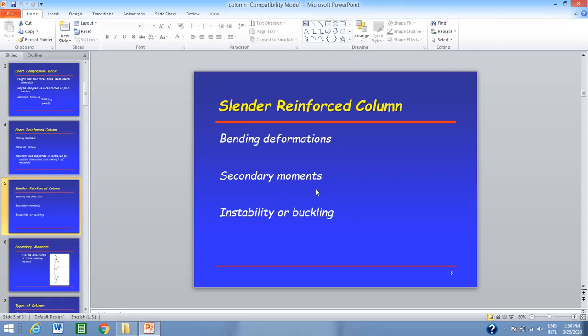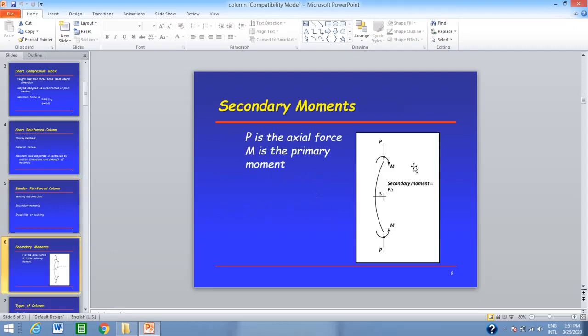What is the difference between buckling and bending? Buckling means if you apply a load coinciding with the axis, then the column bends like this. This deformation is delta, and the secondary moment developed is P into delta, and this behavior of the column is known as buckling.